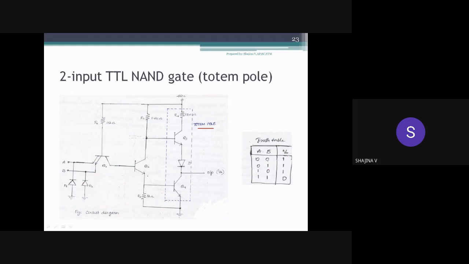For 0, 1, output will again be 1. For 1, 0, output equal to 1. For 1, 1, output is 0. That is, generally we can say if any one input is 0 or both inputs are 0, output will be equal to 1. Okay, when both the inputs are 1, then only the output will be equal to 0.